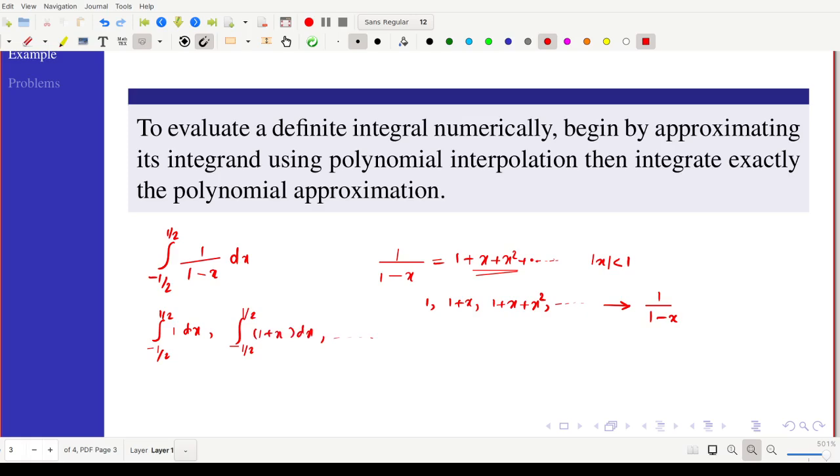If we consider these integrals, the integrands are very simple polynomials to integrate, rather than 1/(1-x). So if you choose these integrals, we can say that this value is going to be the value of the original one. Of course, this requires the help of a computer to evaluate these integrals up to a stage.